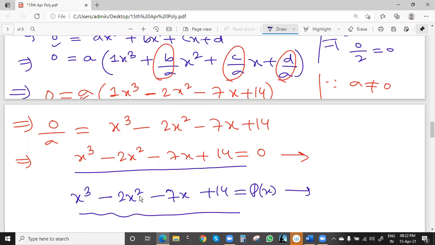Both these we can say cubic polynomial. In the right side we have 0, because we obtained this from this equation: 0 by a will be 0. So this we got as one equation, and then we replaced 0 with px. So will the same or different names be given?